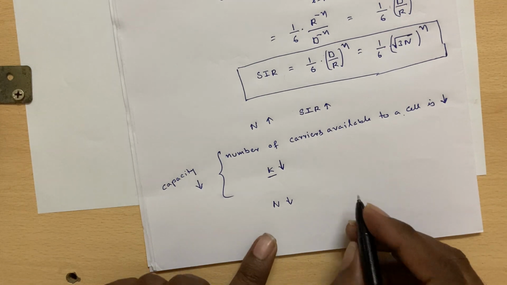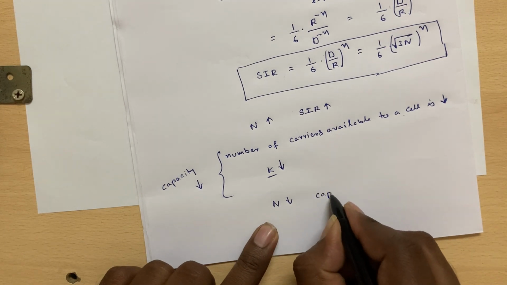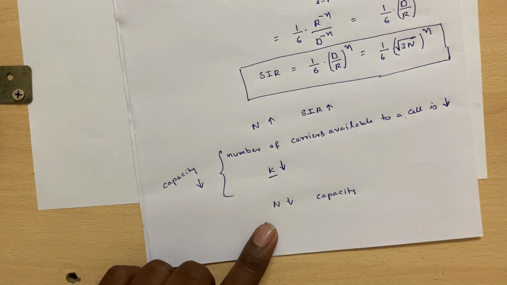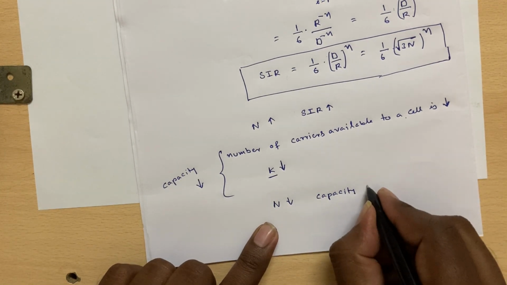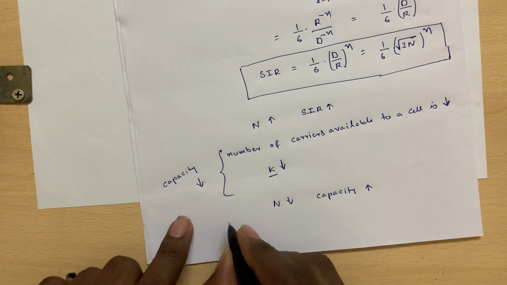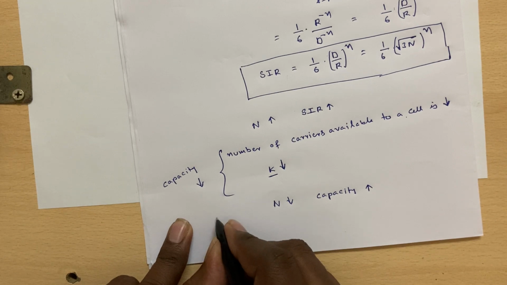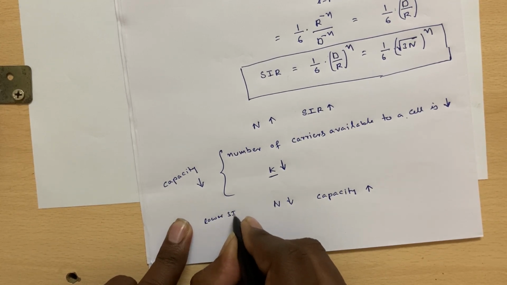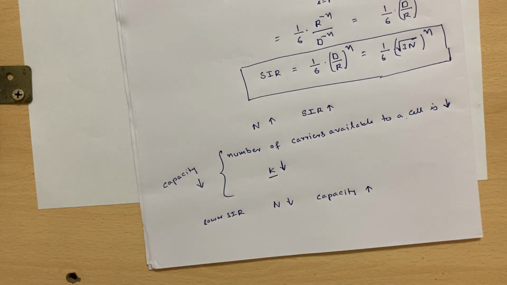And finally capacity will be increased, where our capacity definition is the number of users that can be simultaneously served, for a lower SIR. So one has to make a trade-off between the value of SIR and capacity.